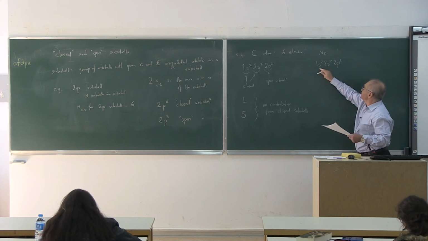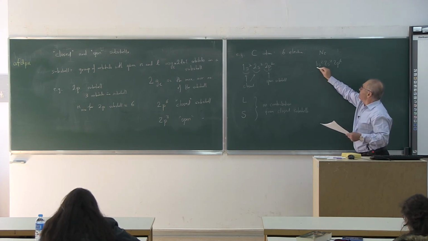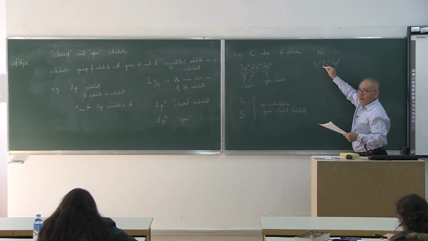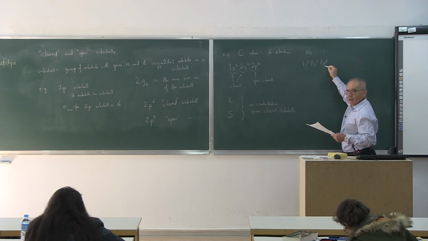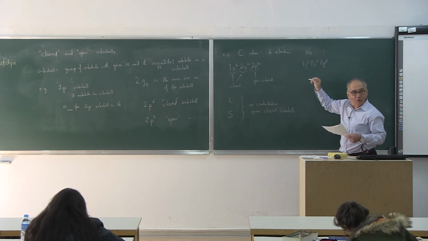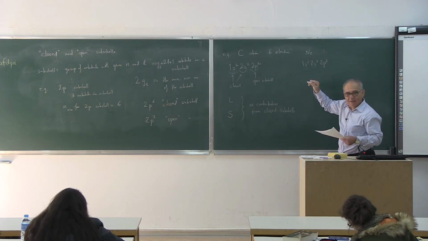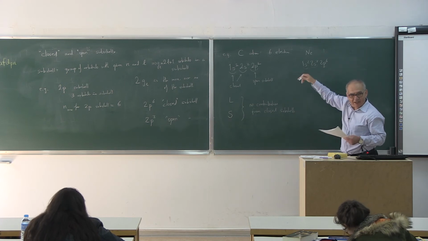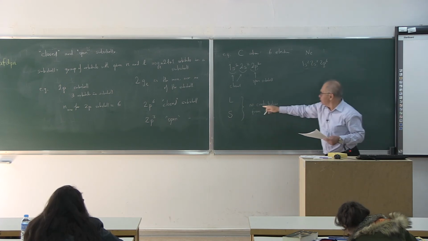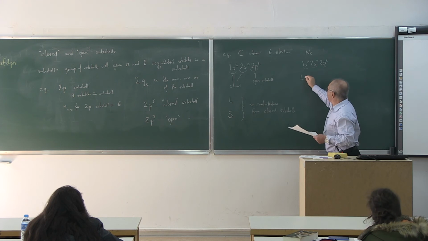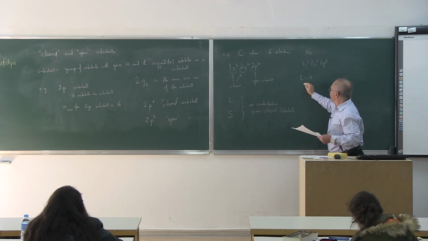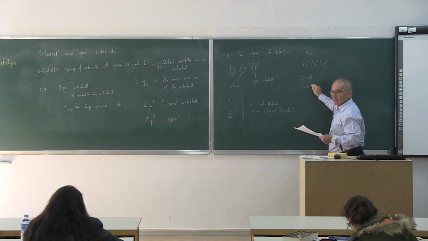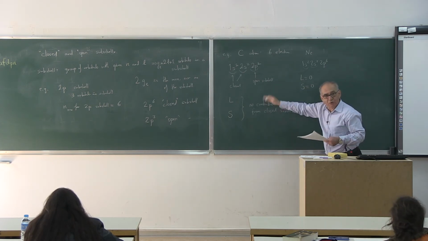Now, closed shell, subshell, also closed subshell. What about 2p6? Closed subshell, isn't it? All subshells are closed here. According to this, L has to be, tell me, 0, and S has to be 0. No contributions from closed subshells.